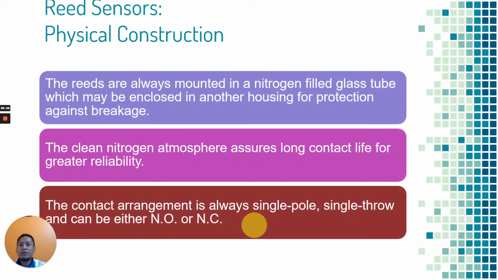In the physical construction, the reed sensor is always mounted in a nitrogen filled glass tube, which may be enclosed in another housing for protection against breakage. The contact arrangement is always single pole, single throw, and can be either NO or NC. What is NO and NC? NO is normally open and NC is normally closed.